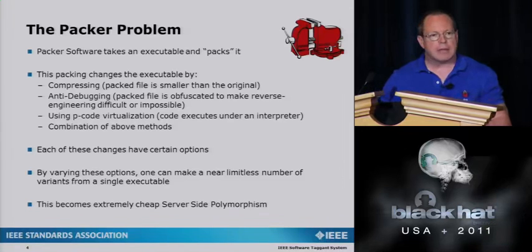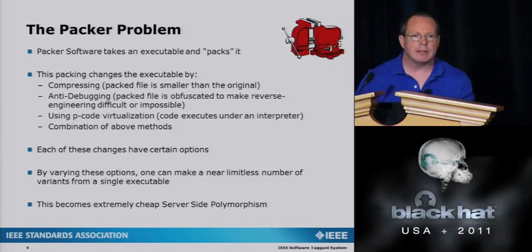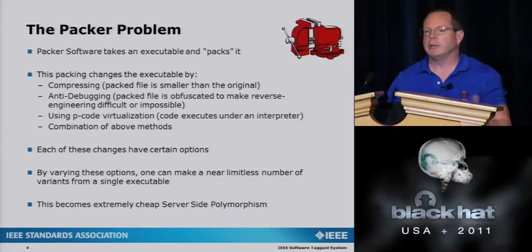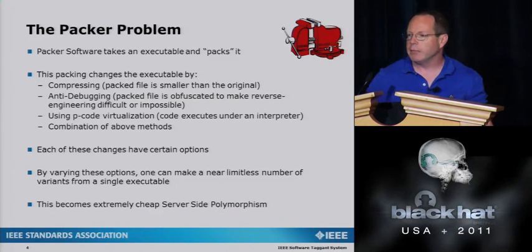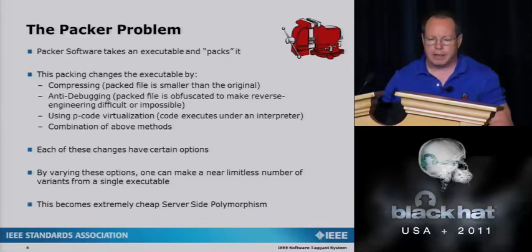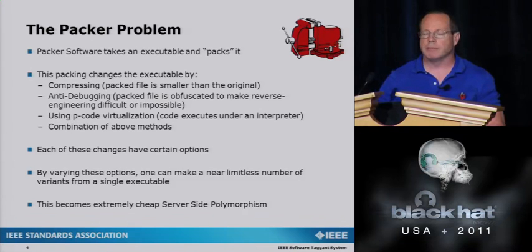Each of the packers has a different number of options that you can supply to it on the command line when you're creating your packer. By varying these options, you can take a single executable and make a near limitless number of variants that function identically but are different binaries. So this serves as a very cheap form of server-side polymorphism for malware authors.